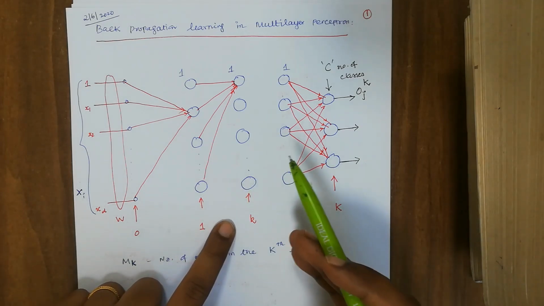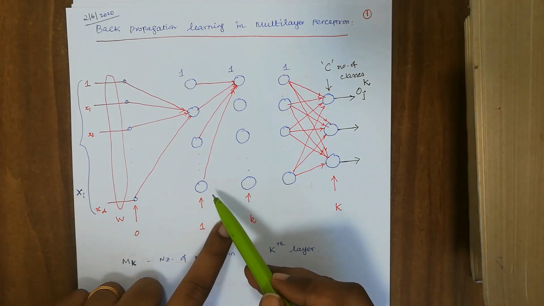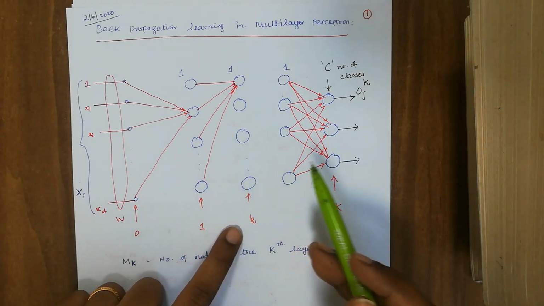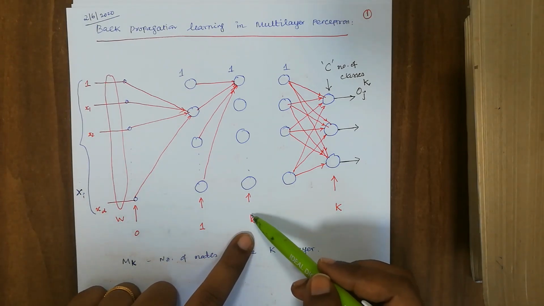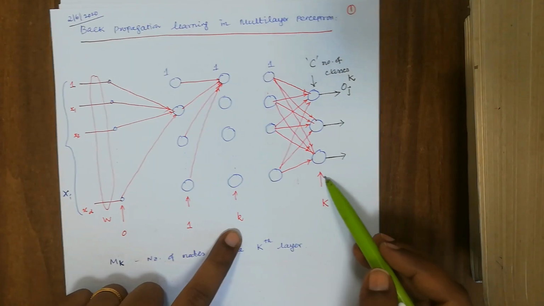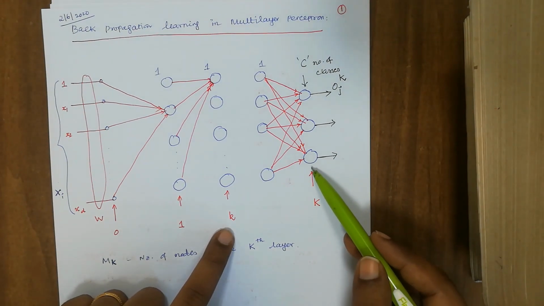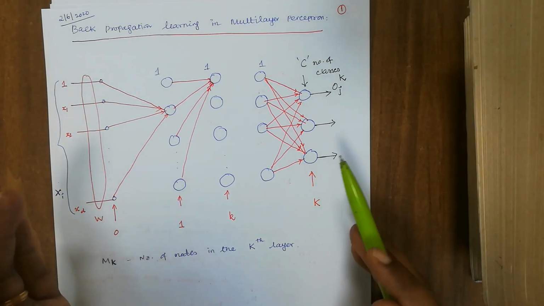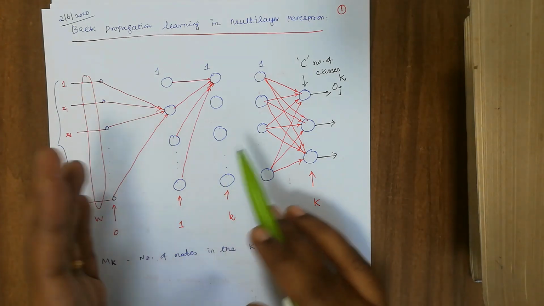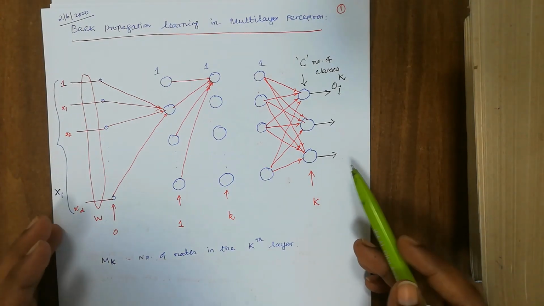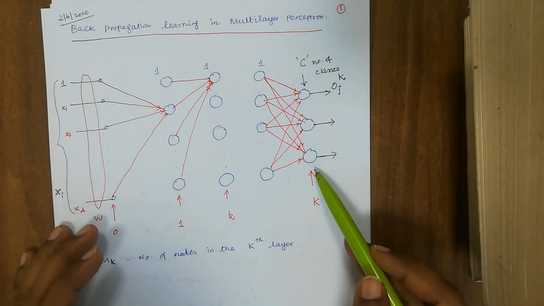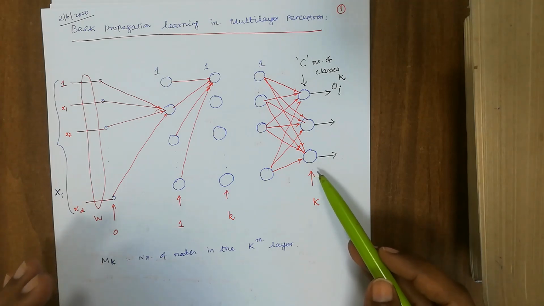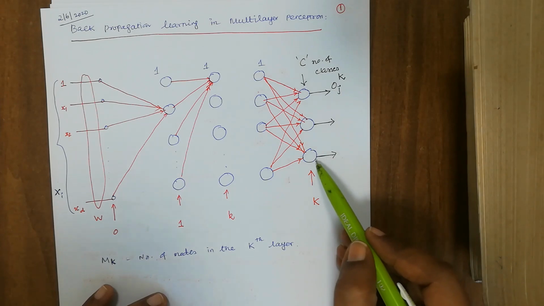If there is more than one hidden layer, they can be represented as 2, 3 and so on, and any intermediate hidden layer can be represented as small k, and capital K is the total number of layers in this multi-layer perceptron.